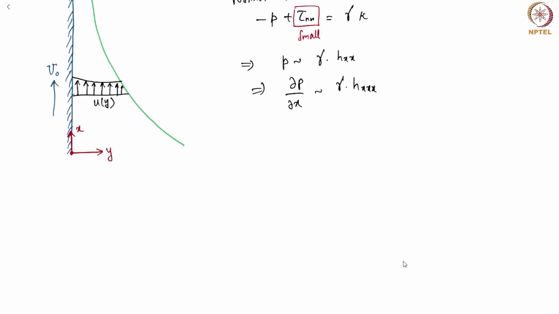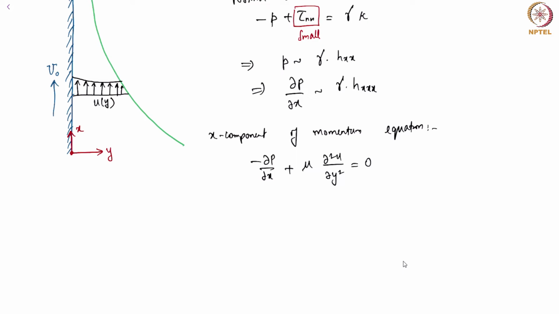If we substitute this in the x component of the momentum equation, minus del p by del x plus mu del square u by del y square equals 0. We have made a bunch of approximations in writing down the x component of the momentum in this fashion.